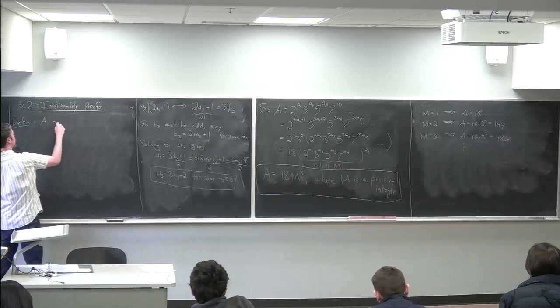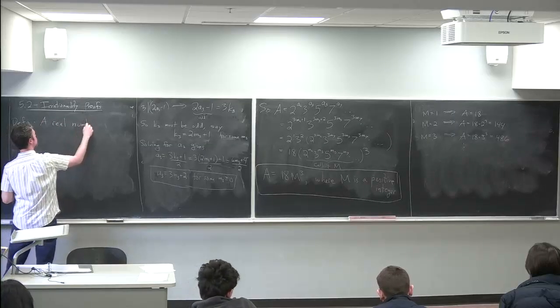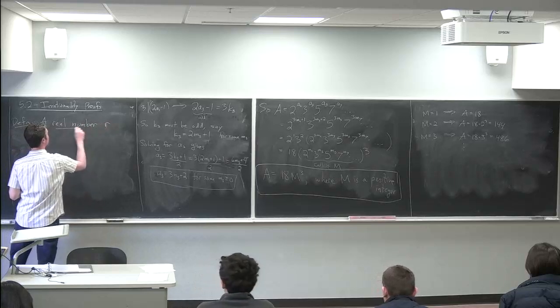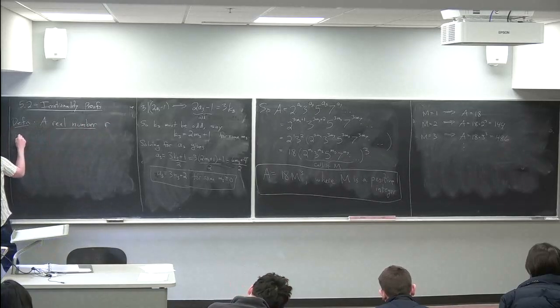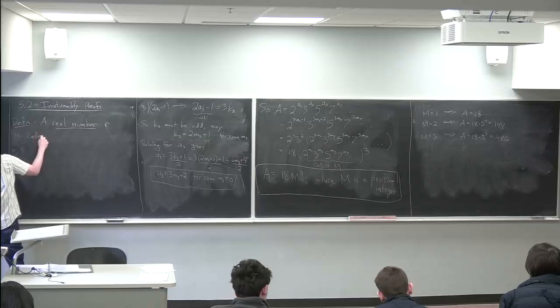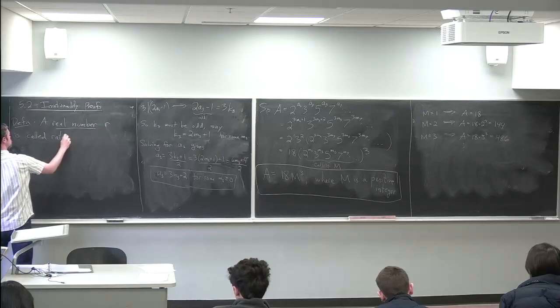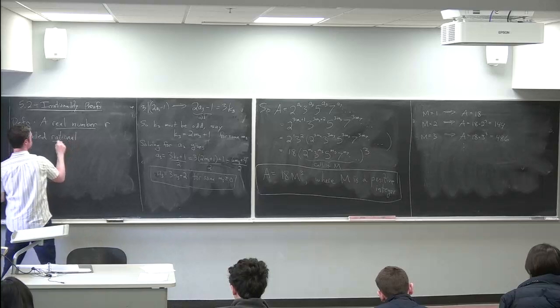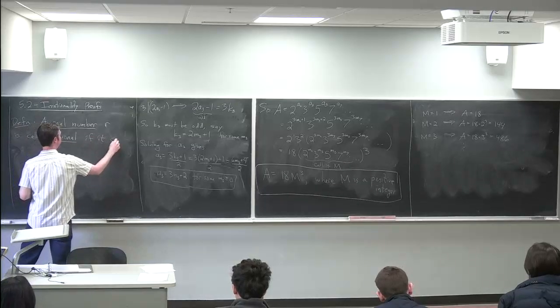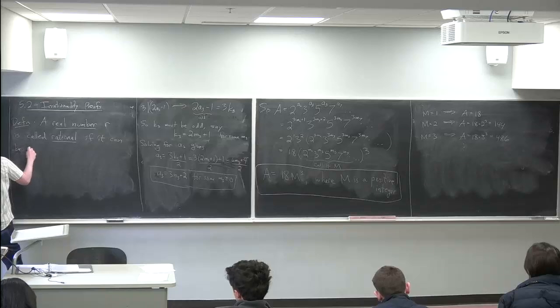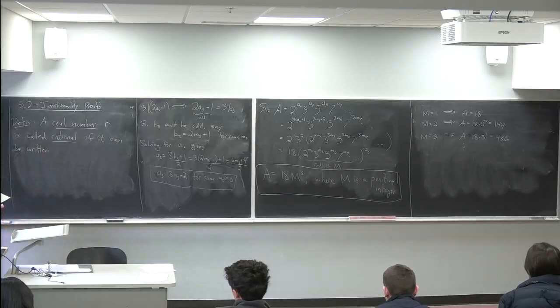A real number, say R, is called rational if it can be written as a fraction, essentially. By fraction, we mean a fraction of integers.